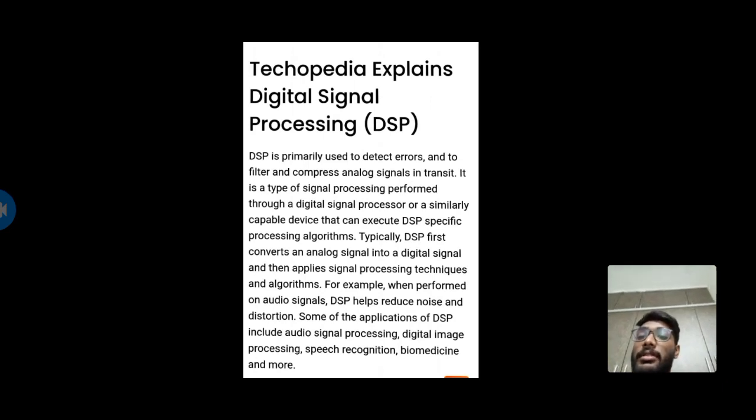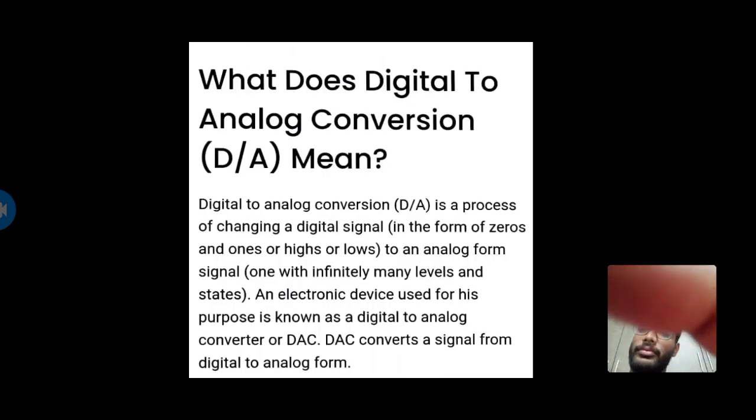Typically, DSP first converts an analog signal into a digital signal, then applies signal processing techniques and algorithms. For example, when performed on audio signals, DSP helps reduce noise and distortion. Some of the applications of DSP include audio signal processing, digital image processing, speech recognition, biomedicine, and more.